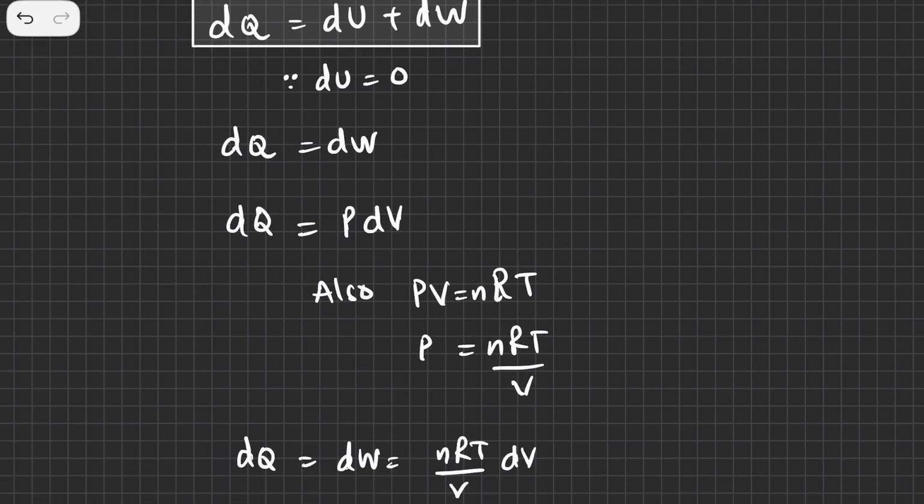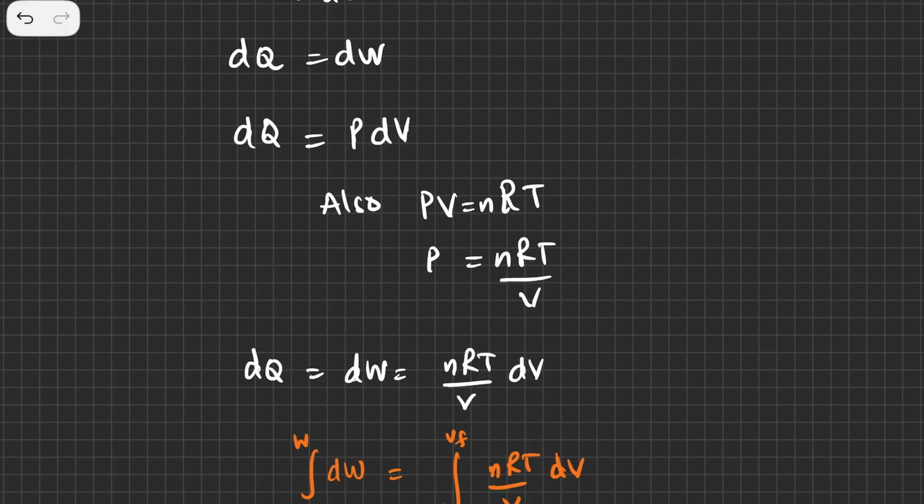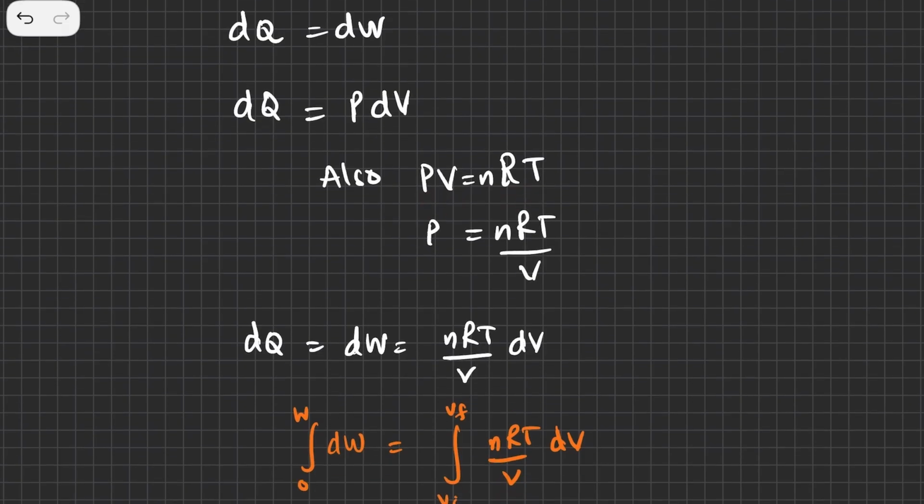Also we have understood that work done is basically pressure into change in volume, so I've replaced dW with PdV. We know the ideal gas equation says PV is equal to nRT. Mind you, we are finding out work done in an isothermal process.